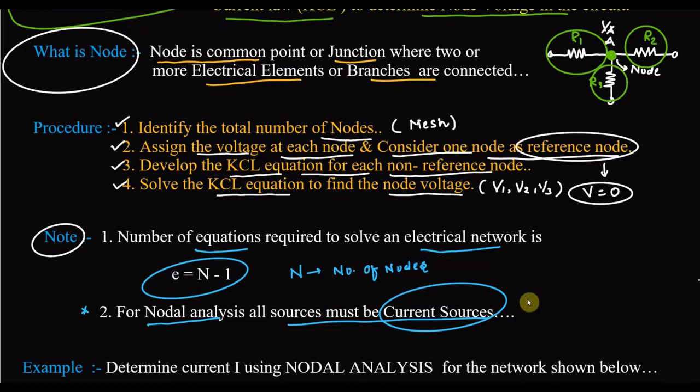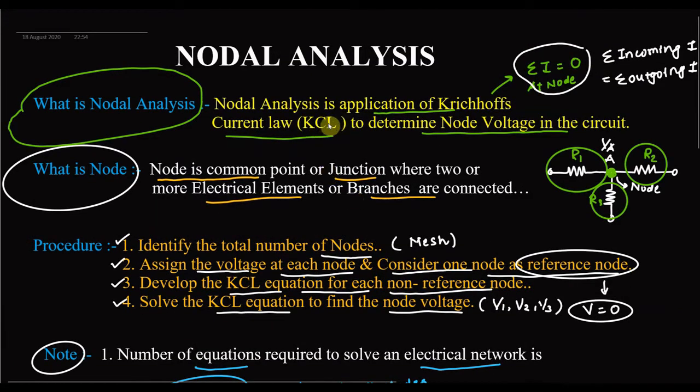In that way, we convert all the sources into the equivalent current source, because in KCL we write the current equation. That's why we need current sources. In mesh analysis, all sources must be voltage sources, because there we write the voltage equation, right? So here I have discussed some basic ideas of nodal analysis.